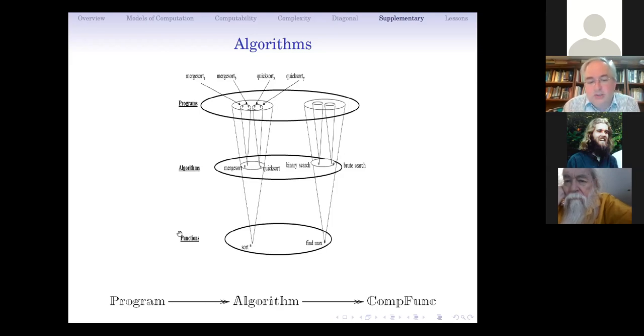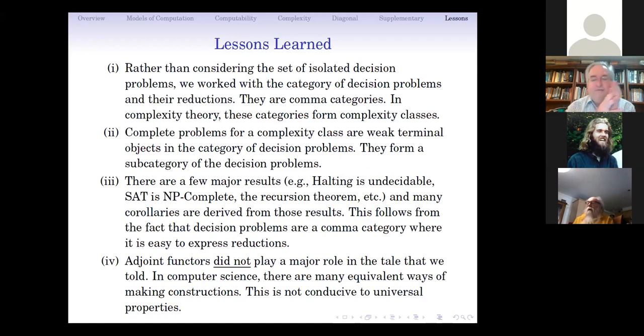Anyways, this is a nice way of talking about algorithms. They're equivalence classes of programs, which are sub-equivalence classes of functions in some sense. This is the domain of computers, this is the domain of software engineering. This is the domain of mathematics, and this is the domain of computer science in a sense.